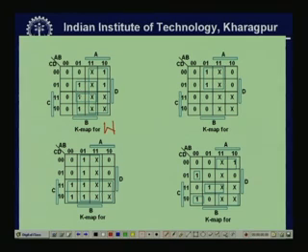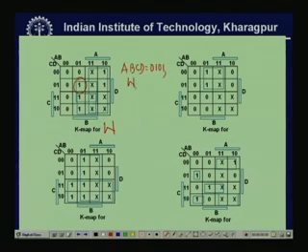That means when ABCD values are 0 1 0 0, or say 0 1 0 1, then my W is 1.